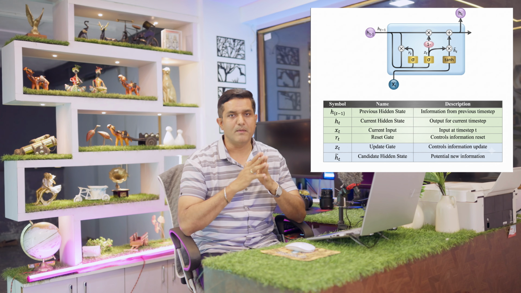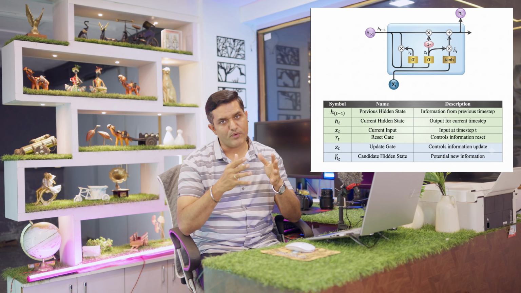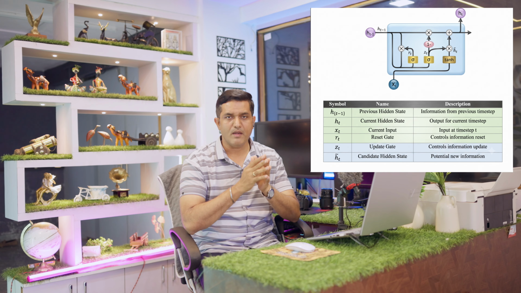Let us understand them. The update gate is a combination of the forget gate and input gate from LSTM. It decides how much information should be carried forward from the past and how much new information should be added. The second gate is the reset gate.